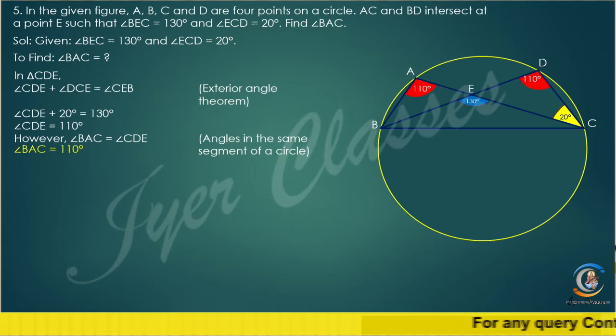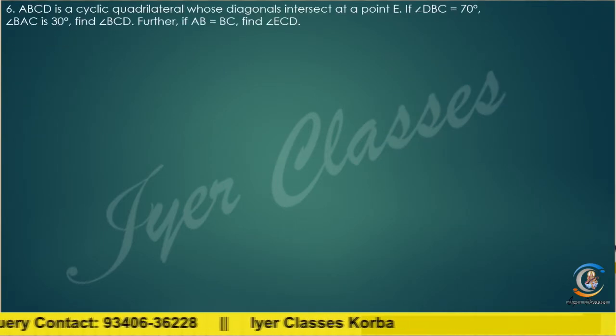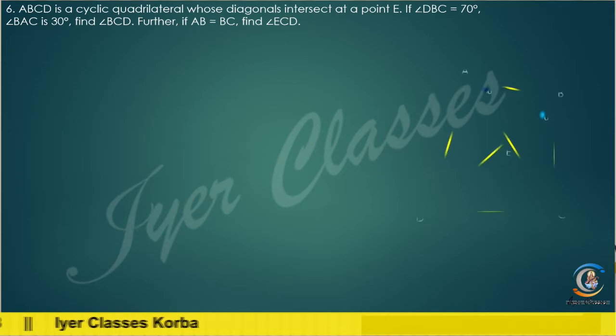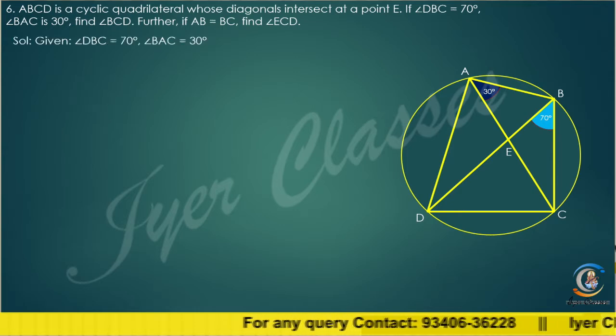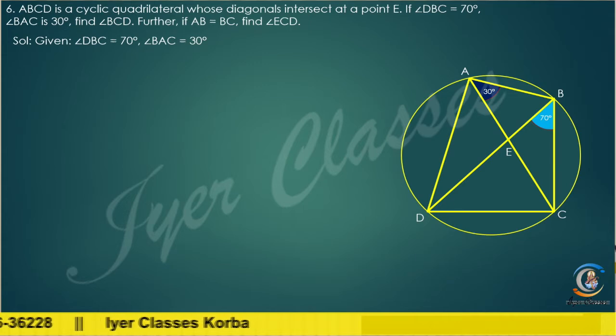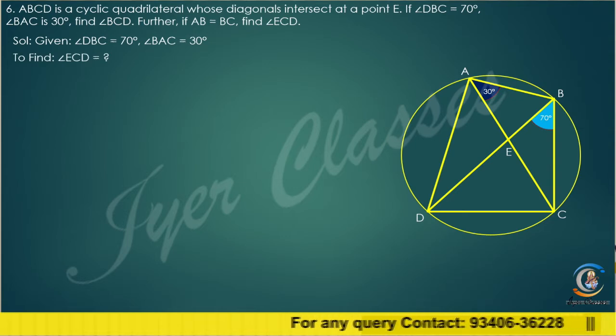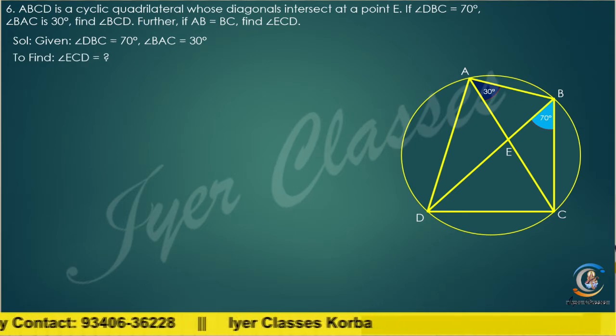Now let us go to the sixth question. In the sixth question, you can see that ABCD is a cyclic quadrilateral whose diagonals intersect at point E. If angle DBC is equal to 70 degrees, angle BAC is equal to 30 degrees, find the angle BCD, and if AB is equal to BC, find angle EDC.